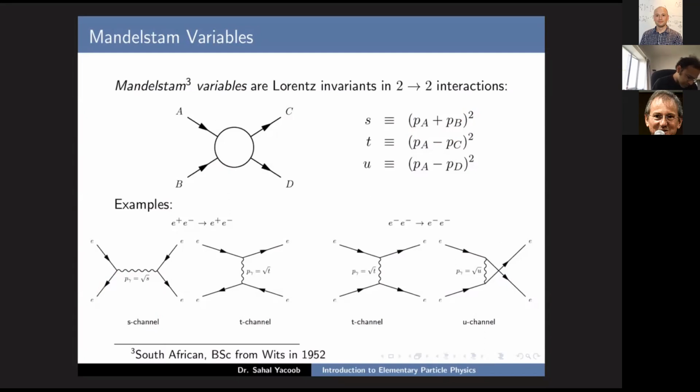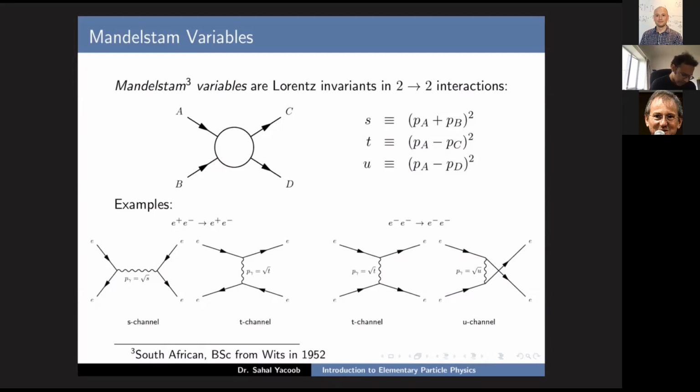The T-channel diagram is described by the boson carrying the momentum that is the difference between particle A on the top left and particle C on the top right. So that's how much this boson is carrying away.